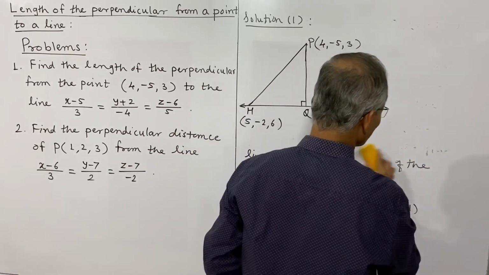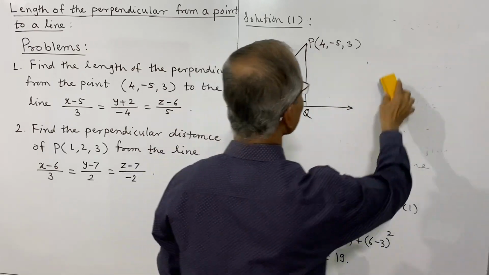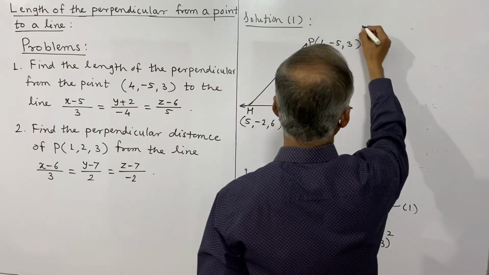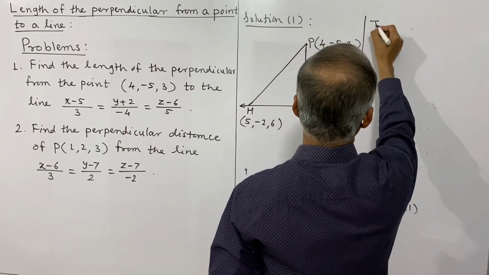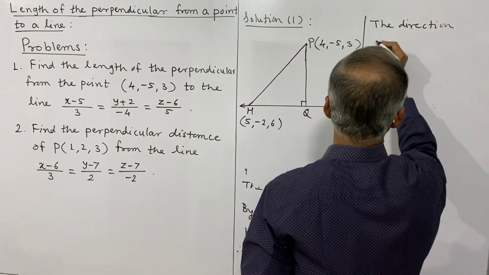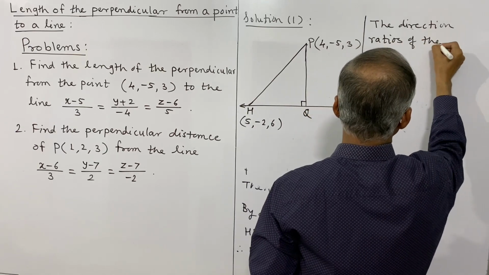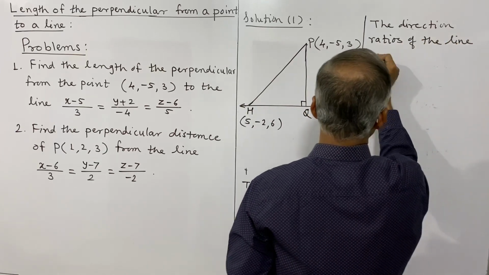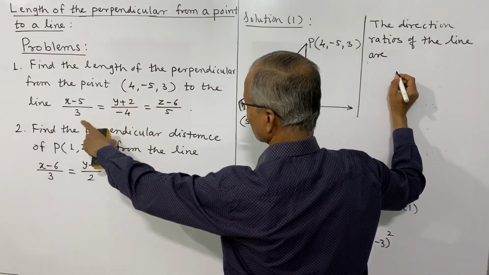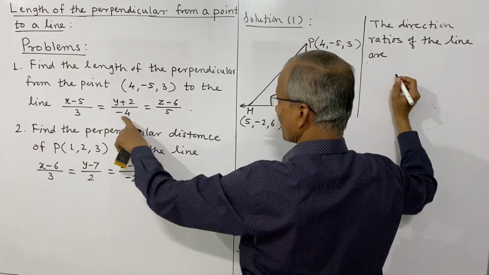The direction ratios of the line, from the symmetrical form of the equation, are 3, -4, 5.